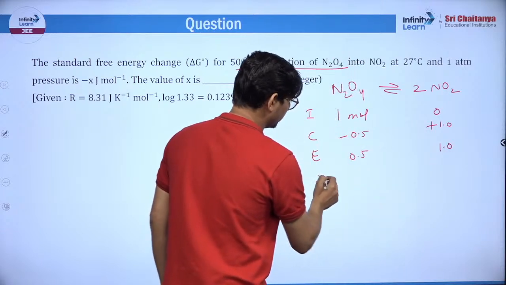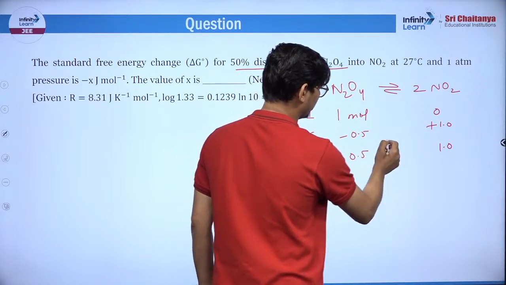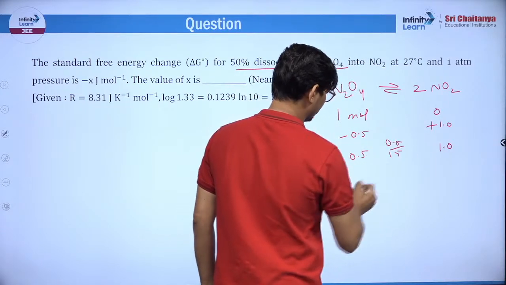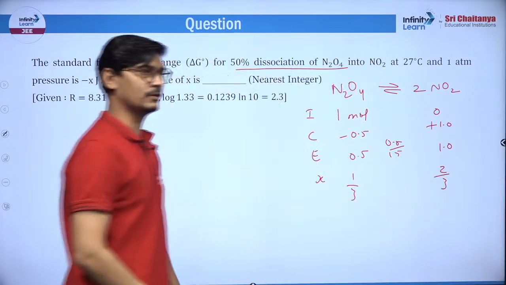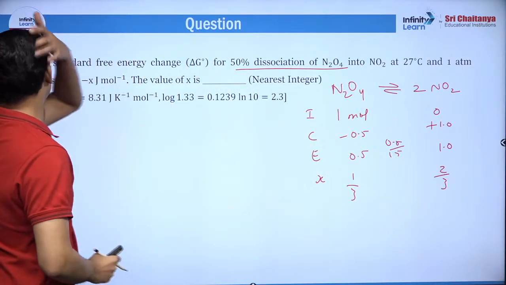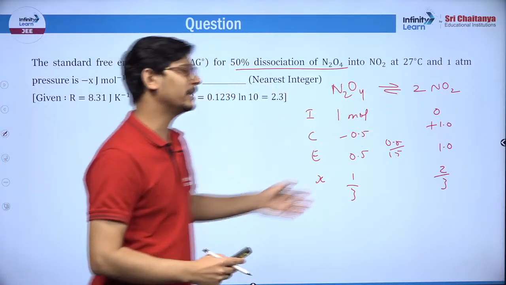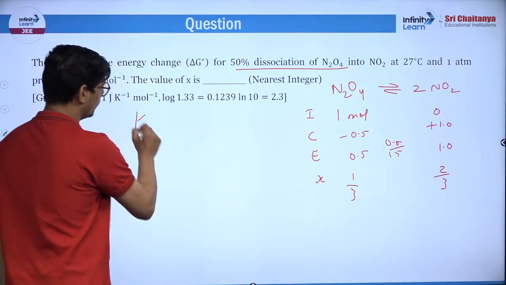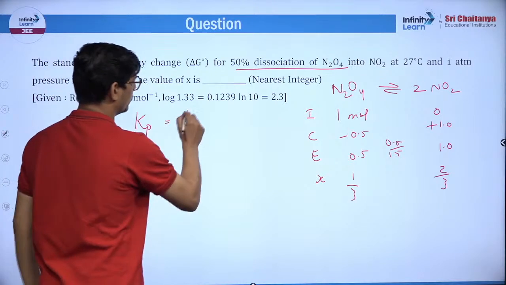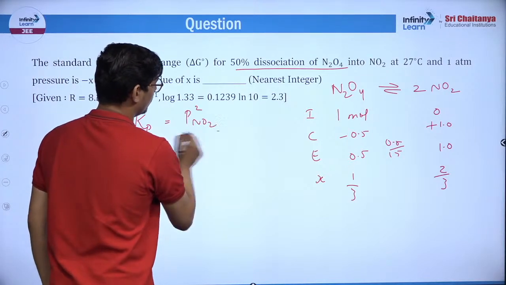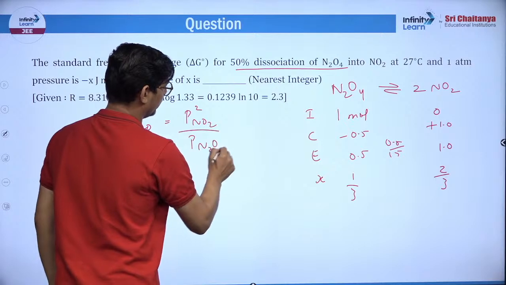So if we calculate the mole fraction, it is 0.5 divided by 1.5, that is 1 by 3, and it will be 2 by 3 mole fraction. Because the total pressure is 1 atm, we can directly calculate Kp, which is the partial pressure of NO2 squared divided by the partial pressure of N2O4.